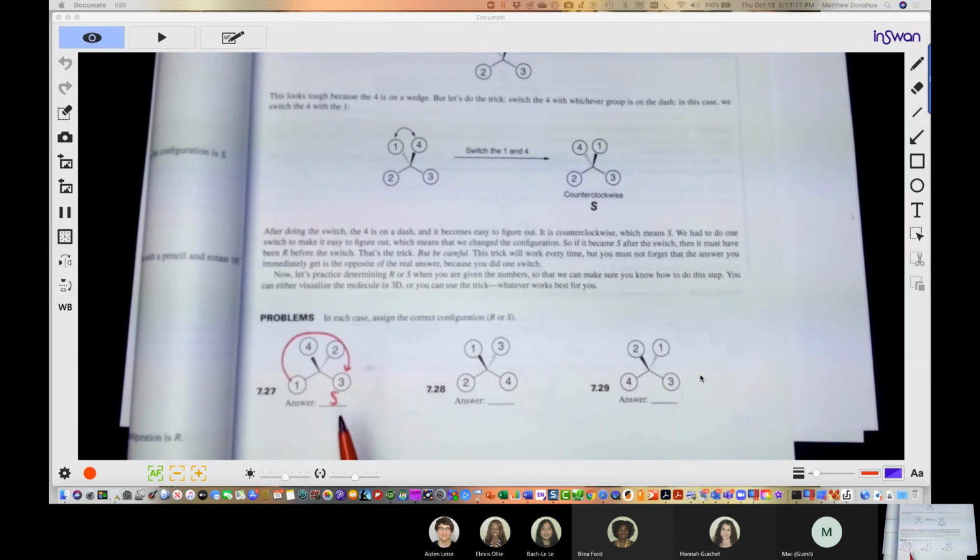And then you would get the correct answer, which is S. It really takes some mental gymnastics to do that. So what about 28? Now the lowest priority group is in the plane of the paper.